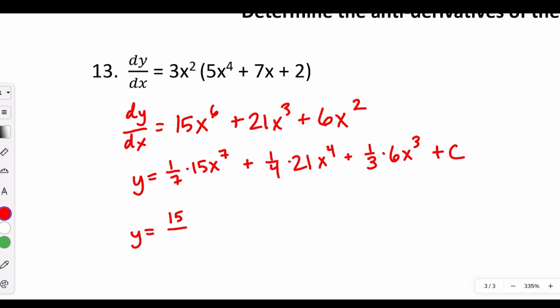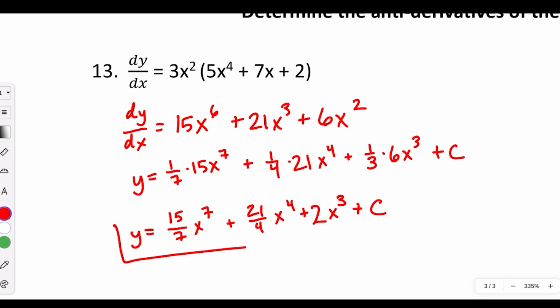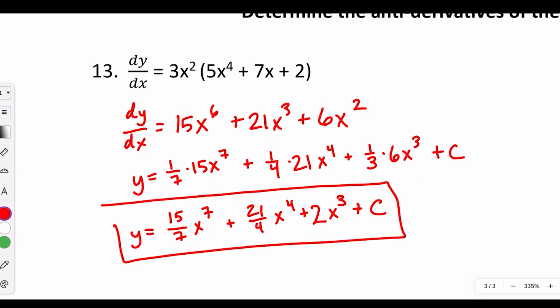And there's not much to do here. 15/7 x to the 7th, 21/4 x to the 4th, 2x cubed plus c. Yeah, got to remember that plus c. Any questions about that one?